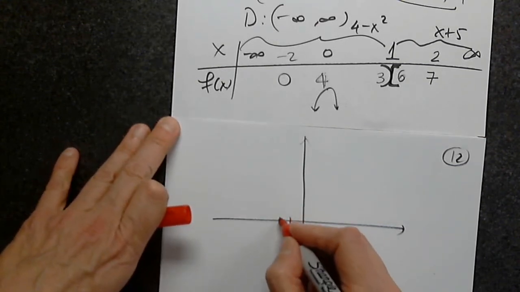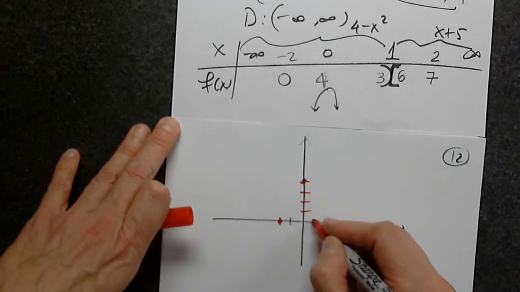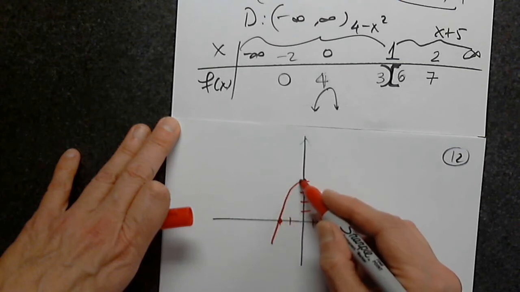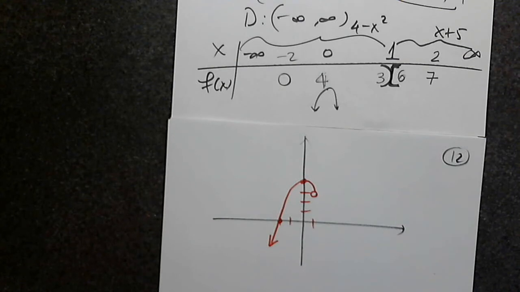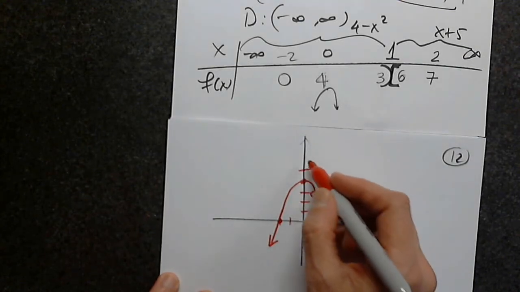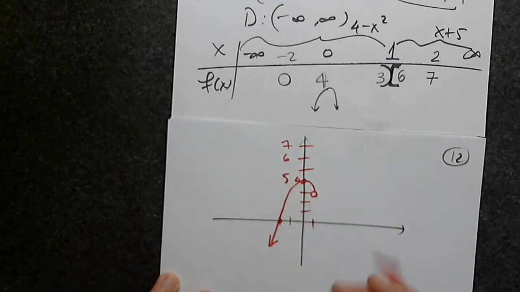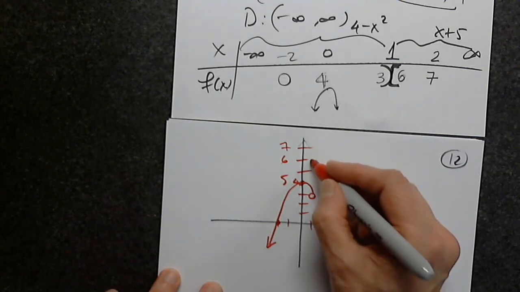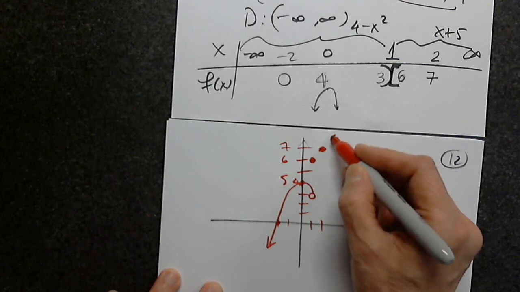Negative 2, 0; 0, 4; and 1, 3 with an open point. 5, 6, 7. And this is 4. Okay, so 1, 6 with a full point, and 2, 7. And here's the graph.